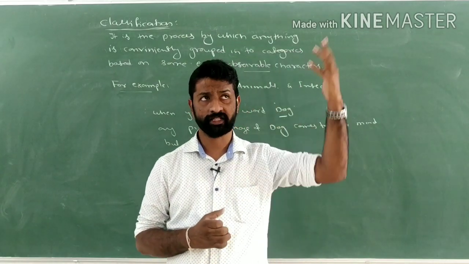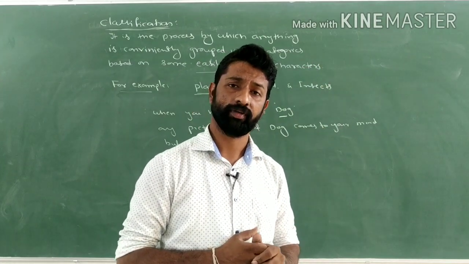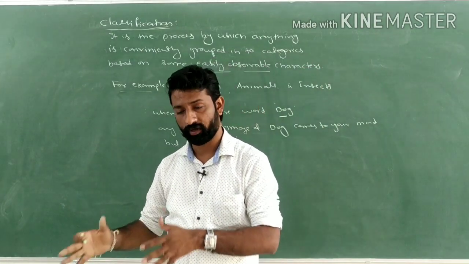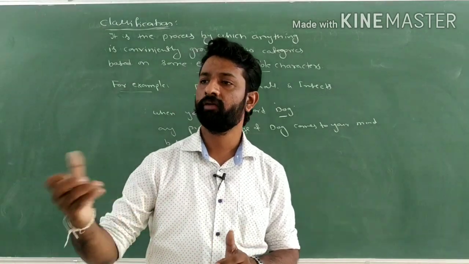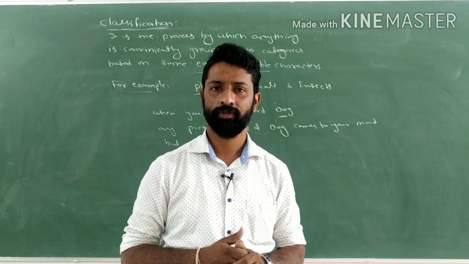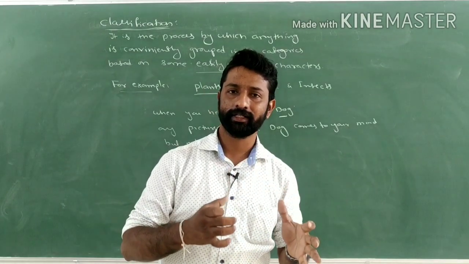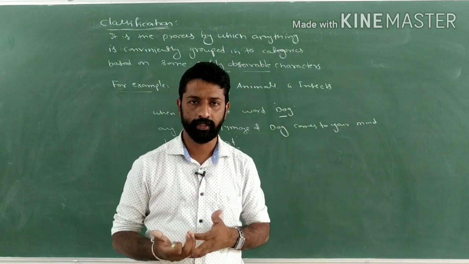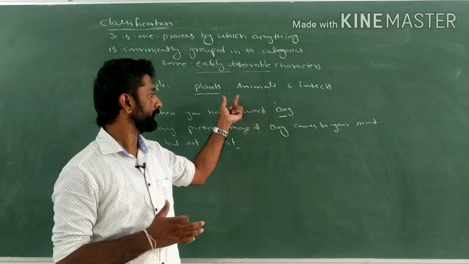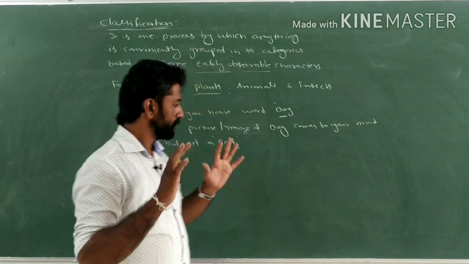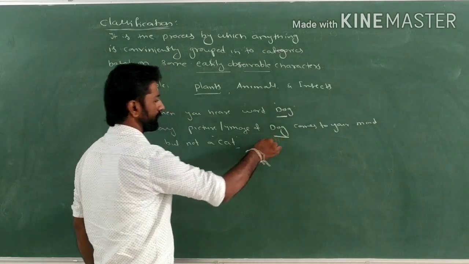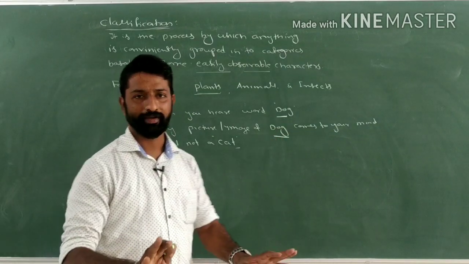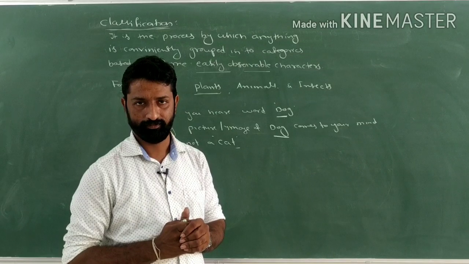Some grow big in the form of trees, and some stay at ground level, which are called herbs, and some are of intermediate height, which are called shrubs. Like that, we associate various characteristics with the organisms in that group. So when you think of a dog, only the image of the dog comes to your mind, but not another organism.